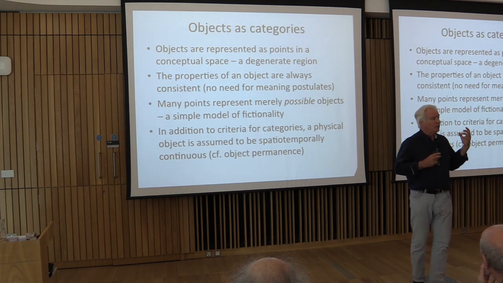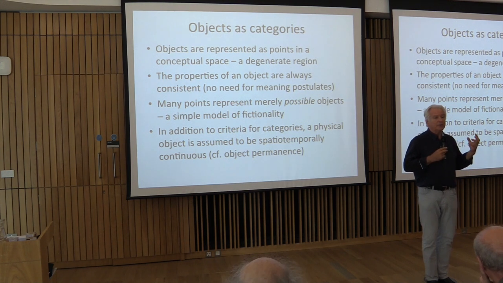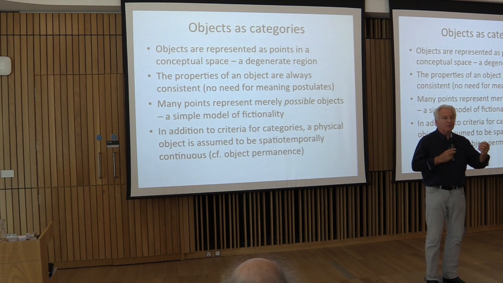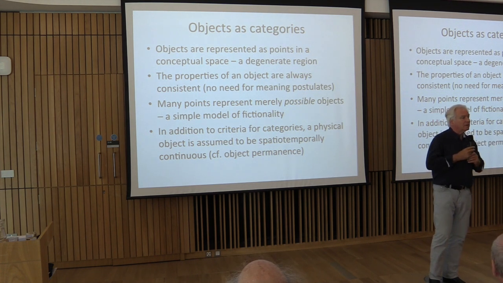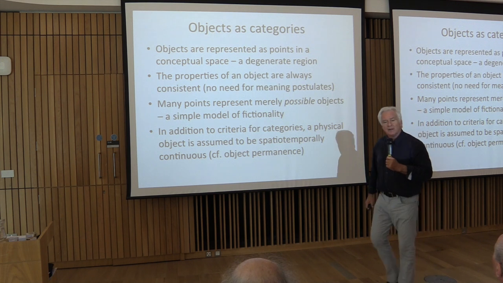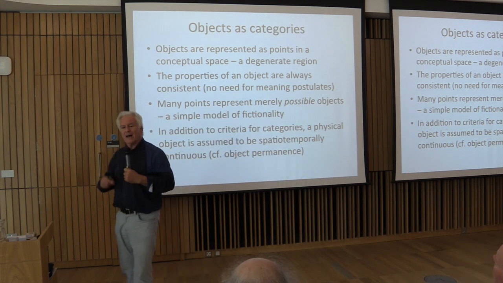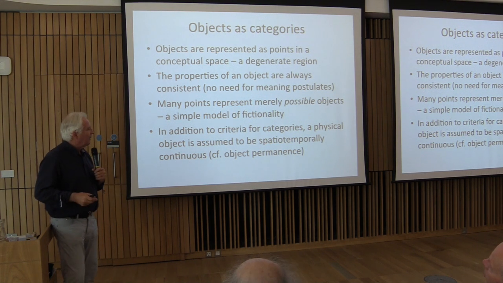This is what Piaget calls object permanence. It's a part of our cognitive system that we assume that what we identify as objects are spatially and temporally continuous. They move without jumps in space. So to define a physical object, I could add this assumption that an object has a spatio-temporally continuous path.